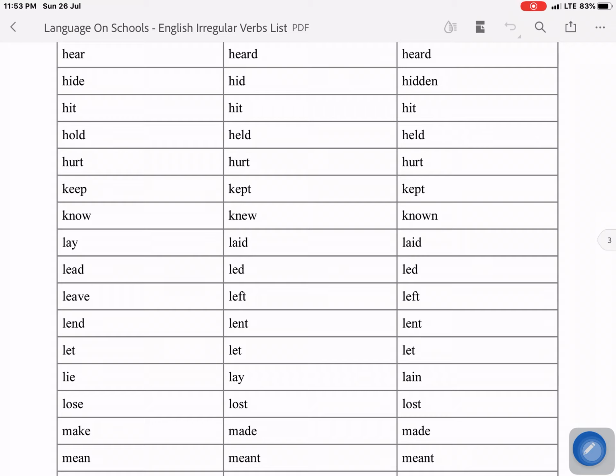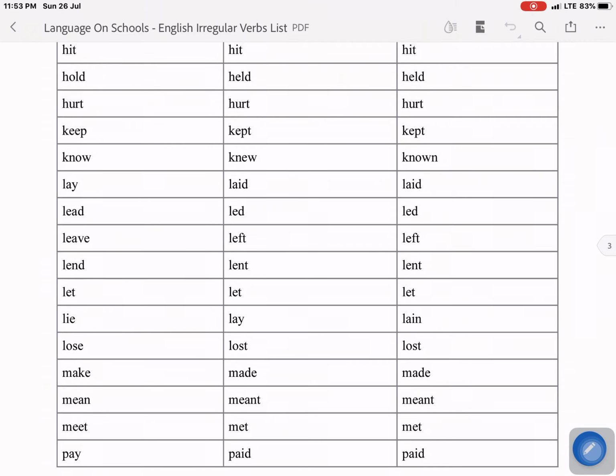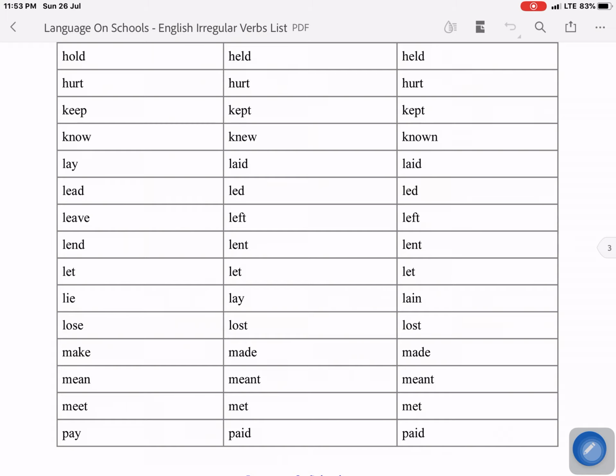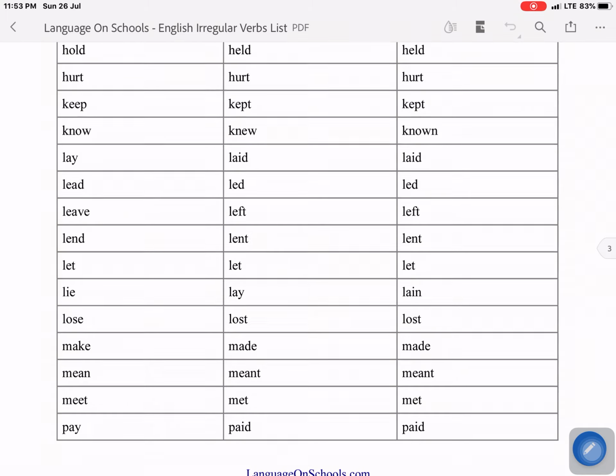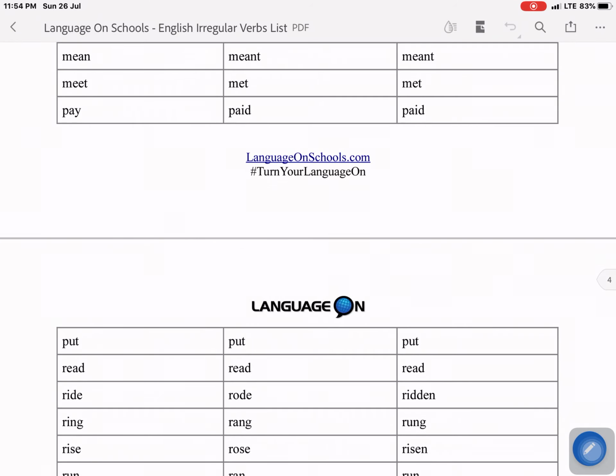Lose, lost, losing. Make, made, making. Mean, meant, meaning. Meet, met, meeting. Pay, paid, paying. Put, putting. The spelling of putting has a double t. Read, read, reading.